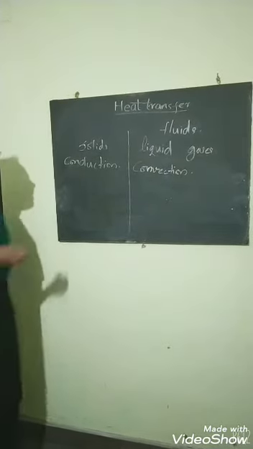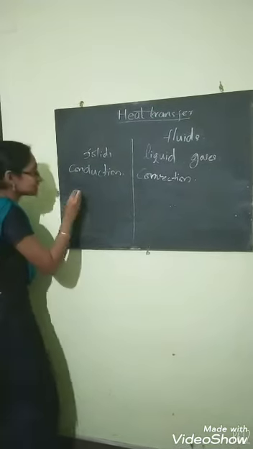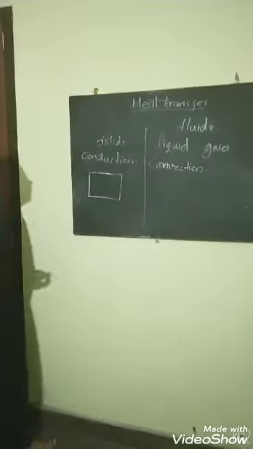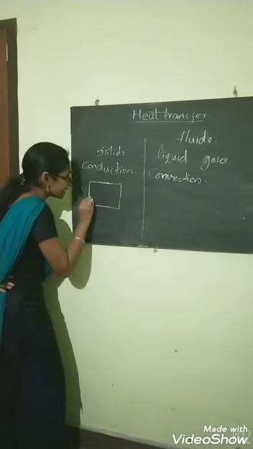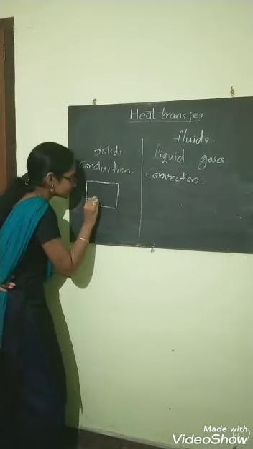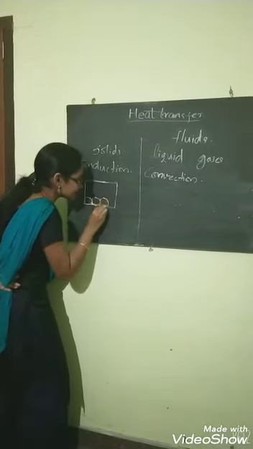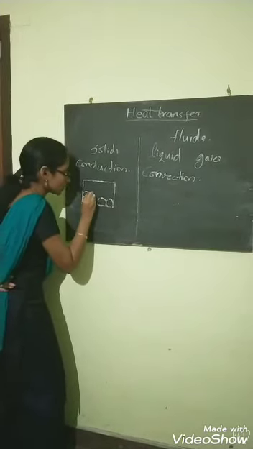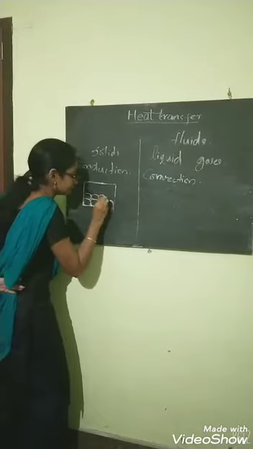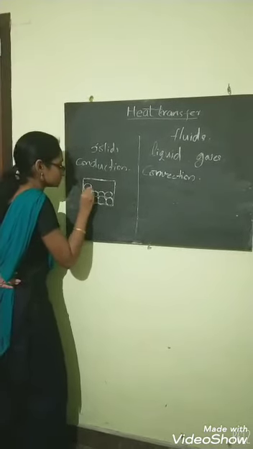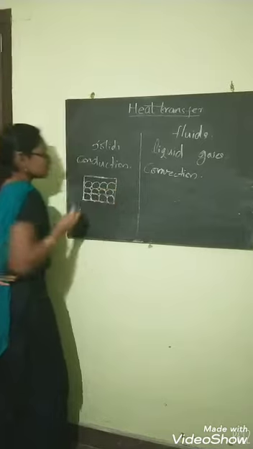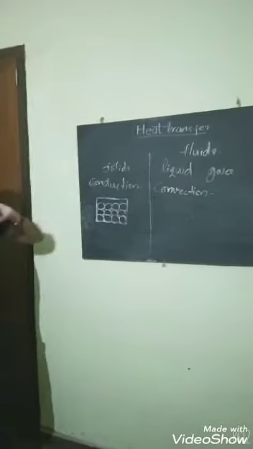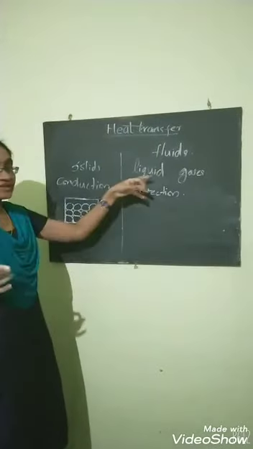Now, for solids, how does the molecular arrangement look? If it is a cube of wood, the molecules or particles are arranged very closely packed. This is the arrangement of particles in solids. And then what is the arrangement in liquids and gases?